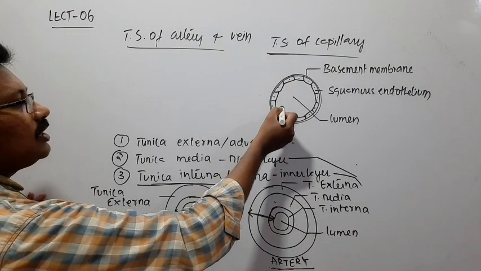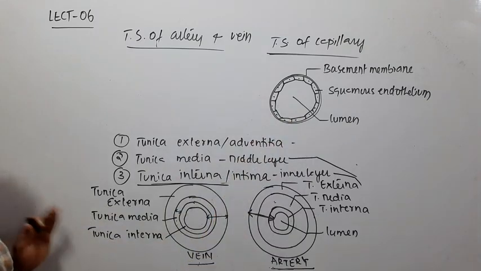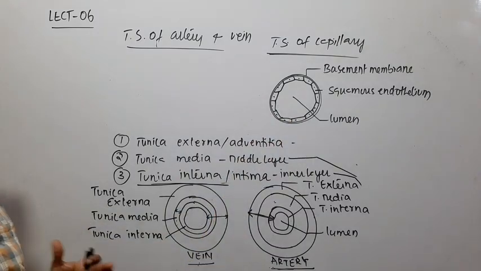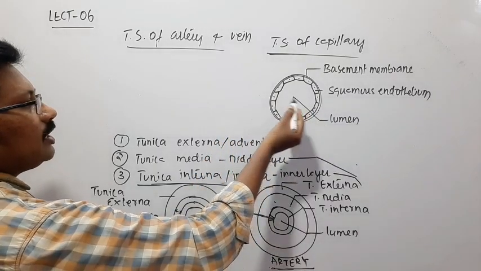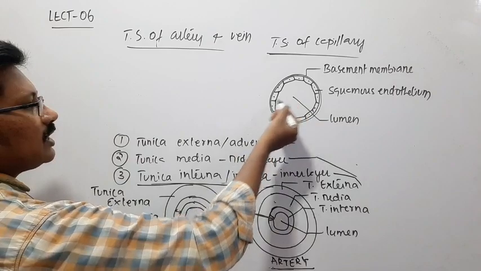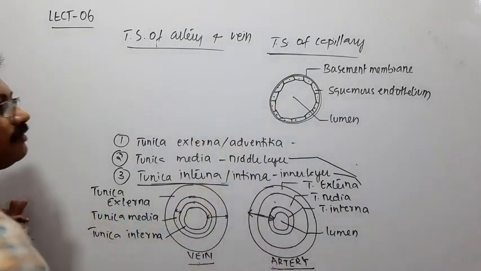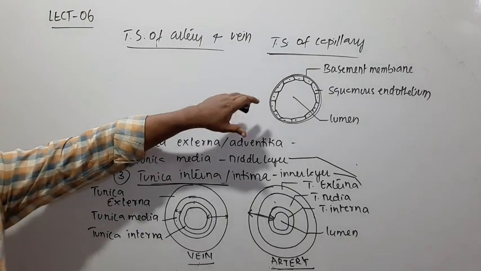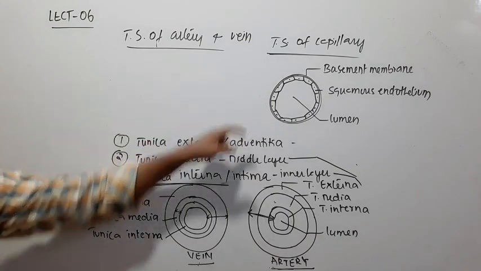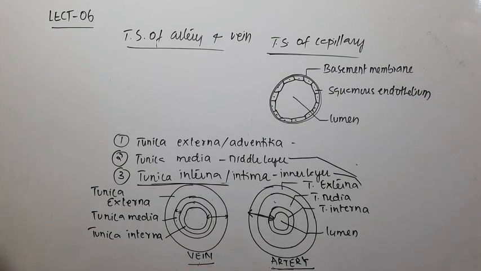This allows the diffusion of gases, oxygen and carbon dioxide, and many other molecules like glucose and other nutrients that move freely through this squamous endothelium in and out of the capillary. Right, this is the difference between the TS of the capillary, the artery, and the vein.